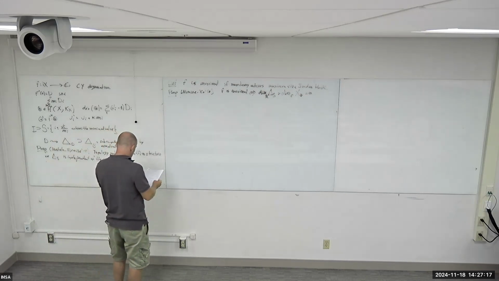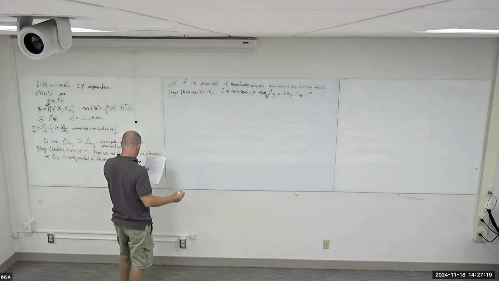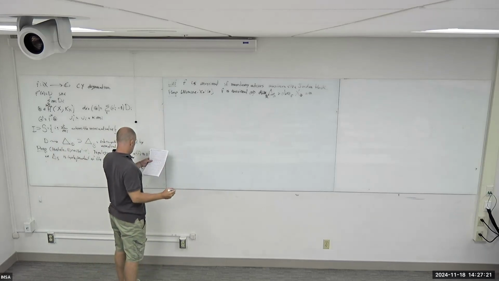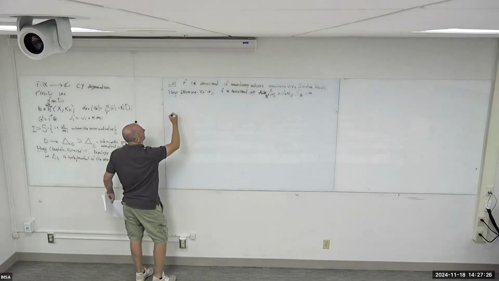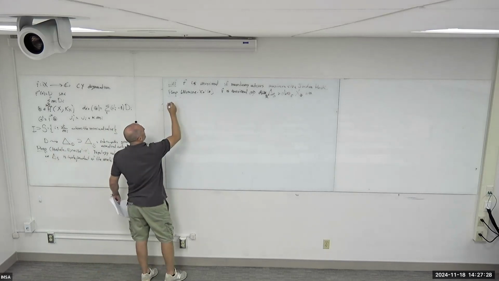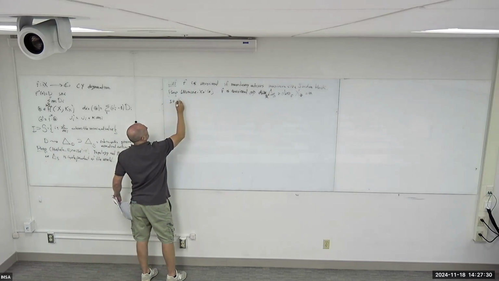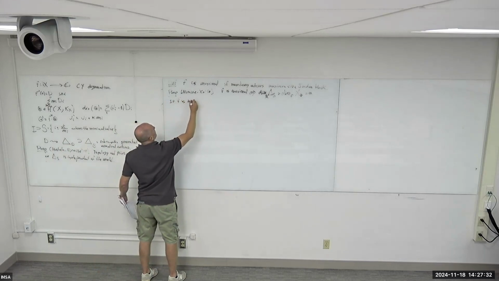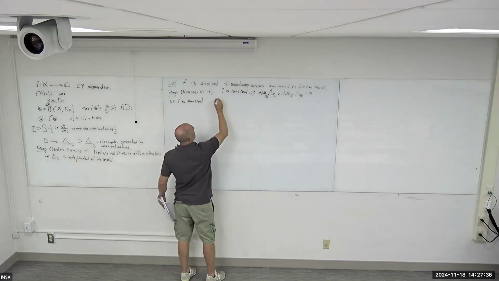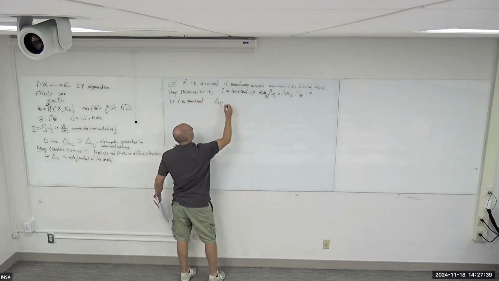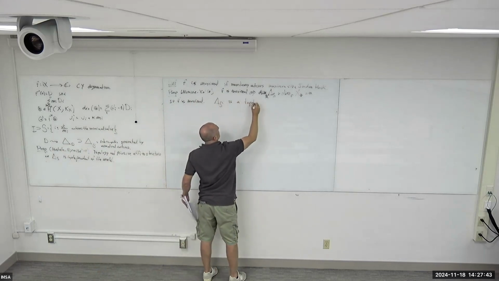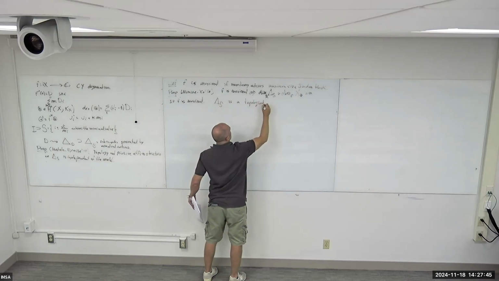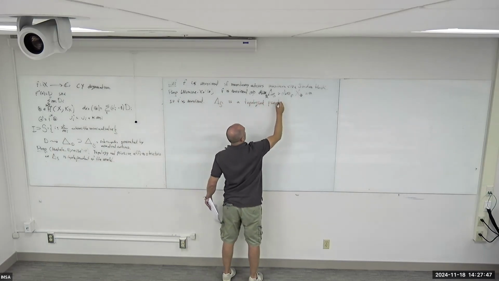There is another proposition that we will use, by Nicaise and Xu, and I think it's in the same paper. If f is maximal, the essential skeleton is a topological pseudo-manifold.